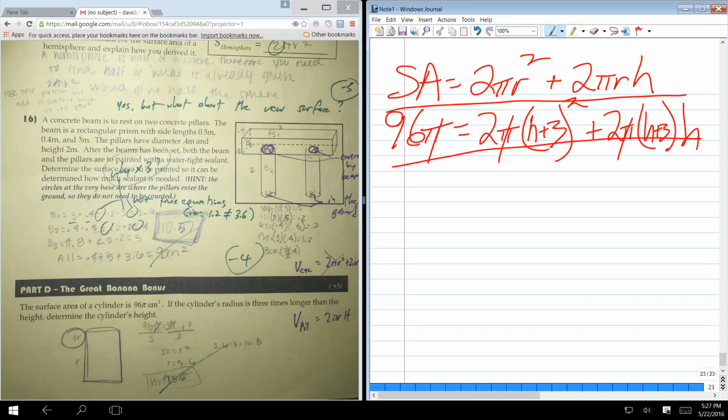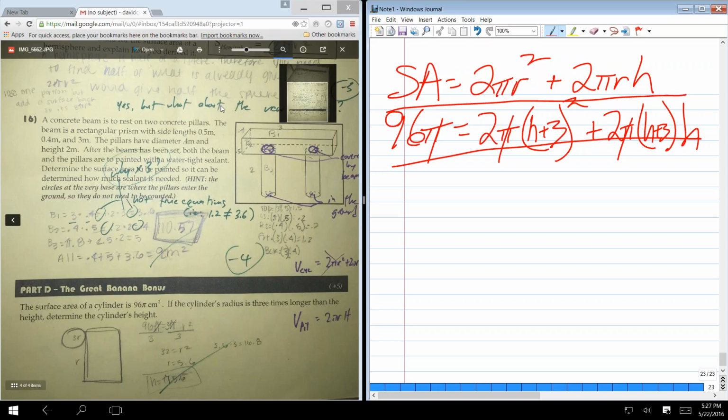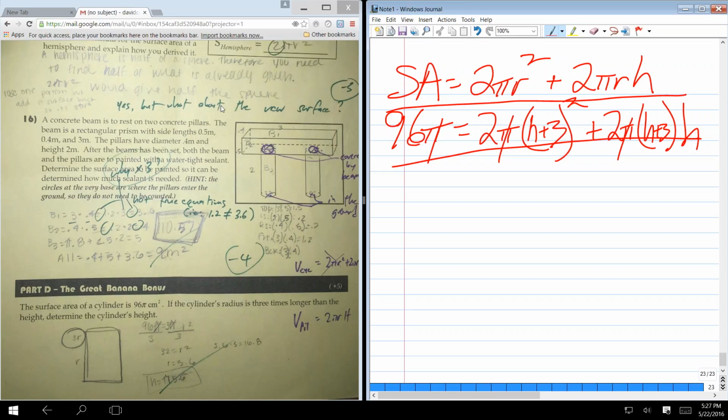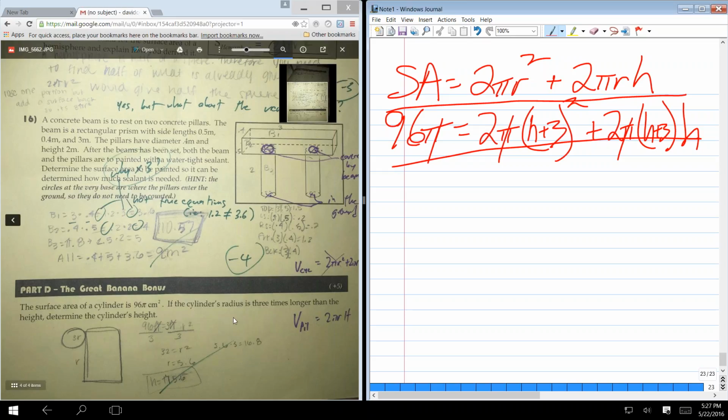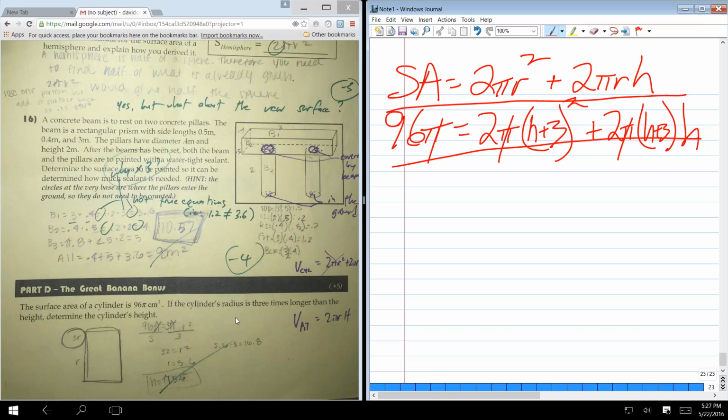Now, notice one thing they did here is they had a problem where they said the height was 3 times the radius, and then here's the same problem almost, only they say the radius is 3 times longer than the height. Ah, I did this problem wrong. It's not h plus 3, it's 3h.